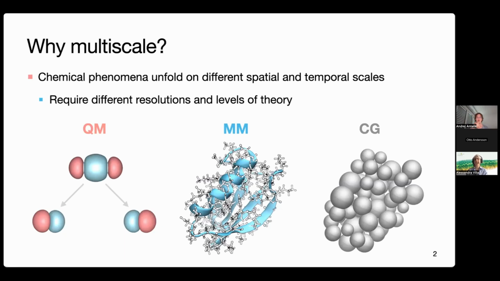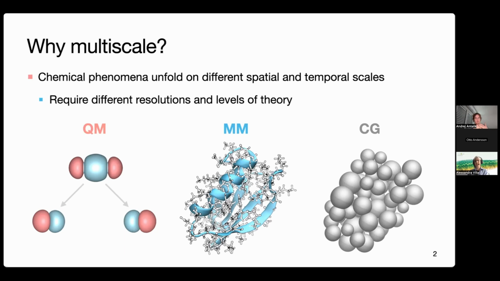As you might know, many natural phenomena, especially in chemistry, unfold on different scales in time and space. For some, like, for example, chemical reactions where there are transfers of protons or electrons, you might require a quantum mechanical description of these processes.